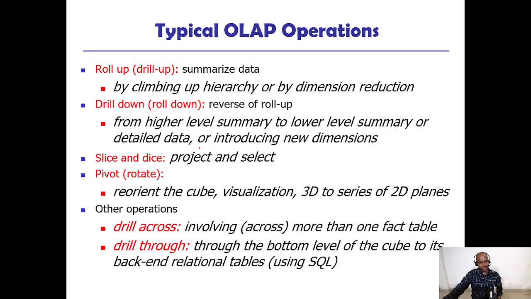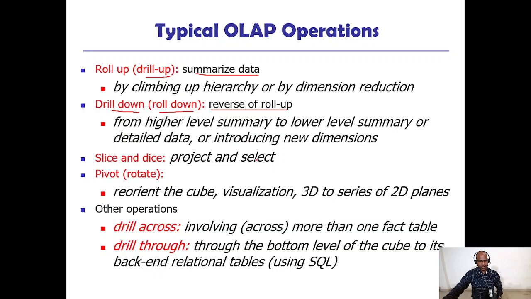Roll-up operation is also called drill-up operation, which summarizes data by climbing up the hierarchy or by dimension reduction. Drill-down operation is also called roll-down operation, which is the reverse process of roll-up.